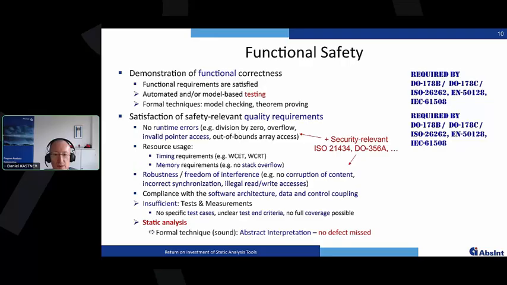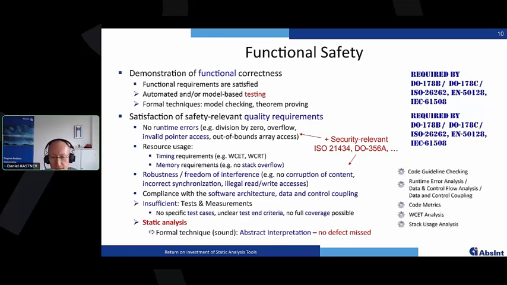So there is an overlap between the safety and the security process, and you will find the corresponding requirements or objectives also in norms like the ISO 21434 or DO 356A, like buffer overflows, uninitialized variables, data races. Right, so the contribution of static analysis is not just code guideline checking.